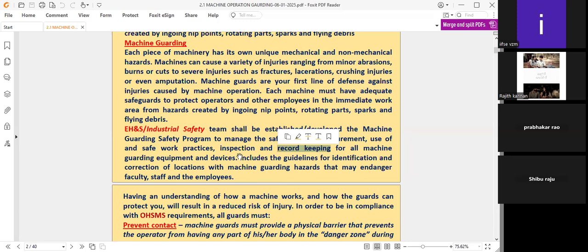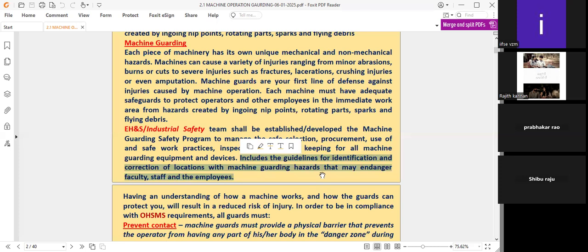Here is a very important point. What the manufacturer told about the machine guard, with that new machine or old machine, will be taken care of by the guidelines, the manufacturer's operation manual, for identification and correction locations also. Where it is to be located, and where correction is to be taken when the machine guard does not work properly, that should be taken care of, and hazards avoided.